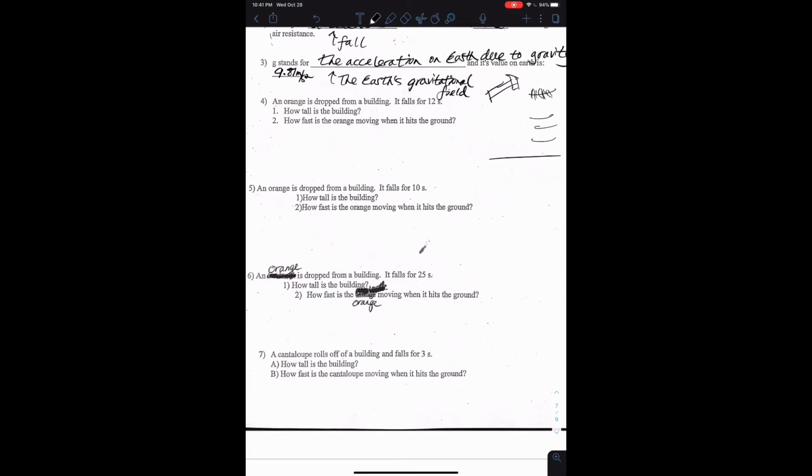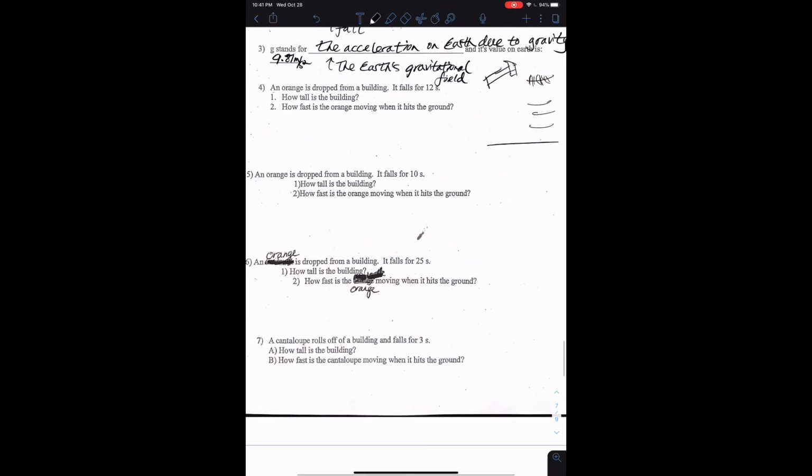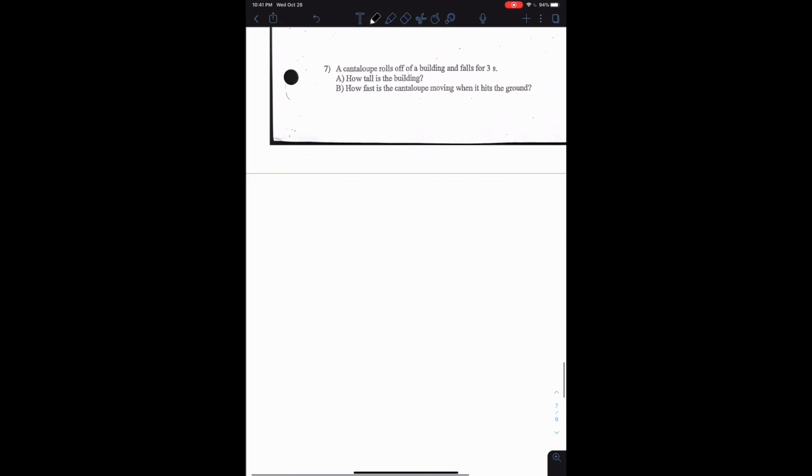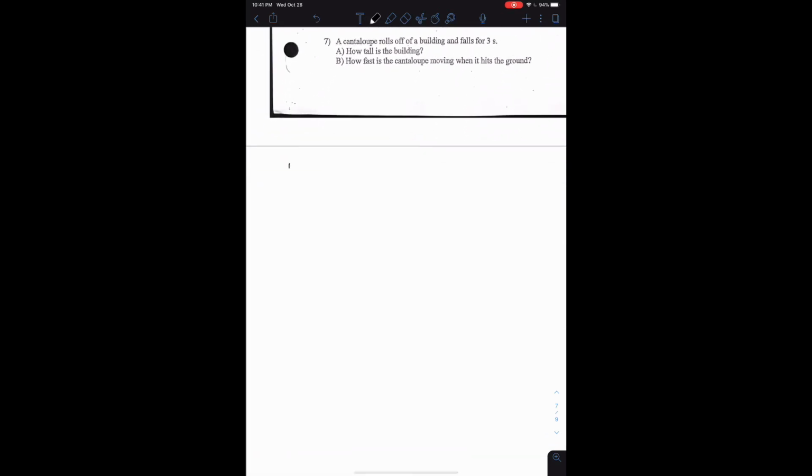All right, for this problem, I really like to draw these problems out. So down here, I'm going to go ahead and draw this building. All right, so we got a building here, and we're going to drop an orange from the top of it.